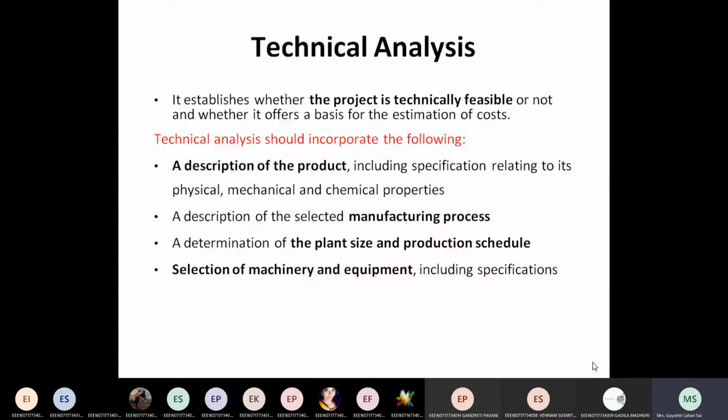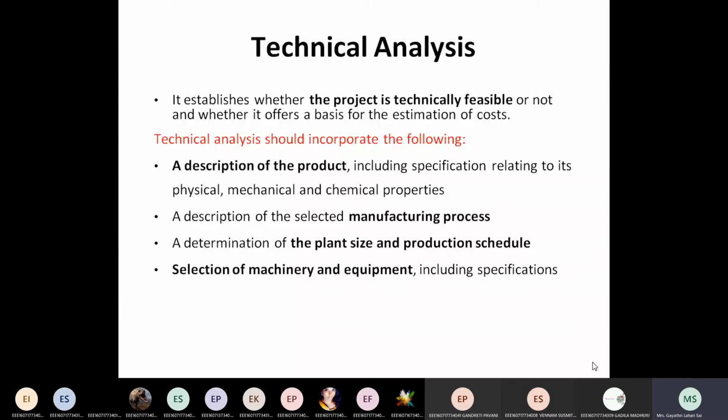Here you should know the manufacturing process, the layout you are doing, the design you are doing, and if you are using some software, whether you are using the appropriate resources or not, so that you will be concerned.